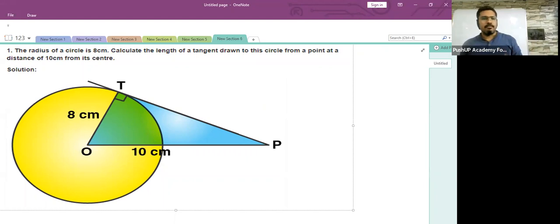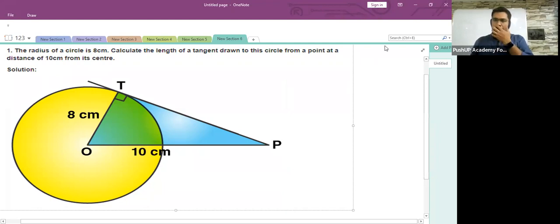They have already given you 90 degrees. You don't have to mention anything in this. Simply apply Pythagoras theorem and you're done with the answer, right? How much is it going to be? Even if you are in class 7, you could have solved this, right? 6 centimeters. Very good.